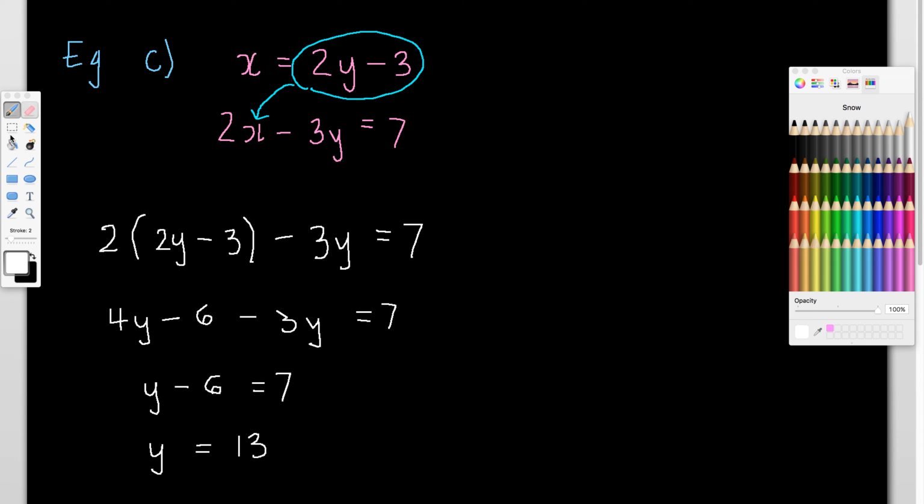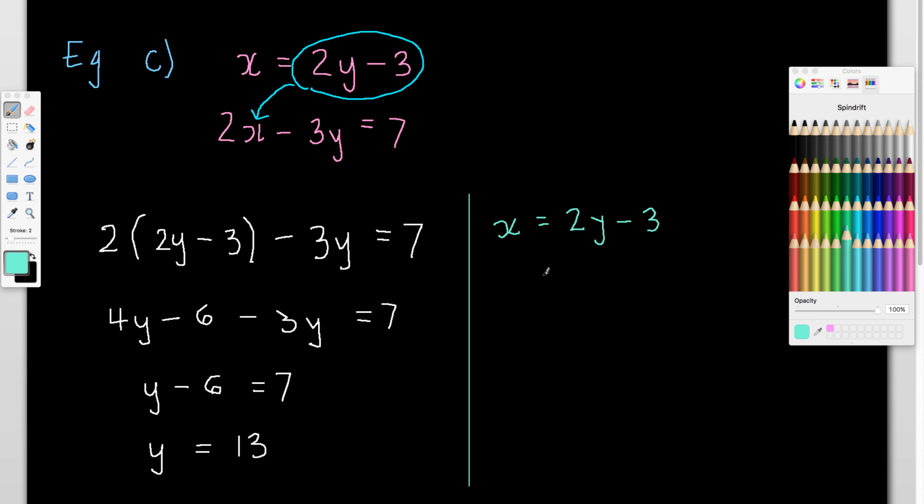So here I've got my y value in that particular coordinate. And now what I'll do is I'll get the x. Okay, so x is equal to 2y minus 3.